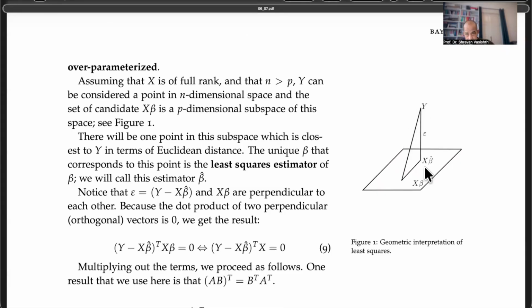If I go vertically down at 90 degrees to the subspace, I have the minimum distance. This is the least squares estimation approach. The unique vector beta that corresponds to this point here, which I'm calling X beta hat, is the solution that we want because it minimizes the distance.